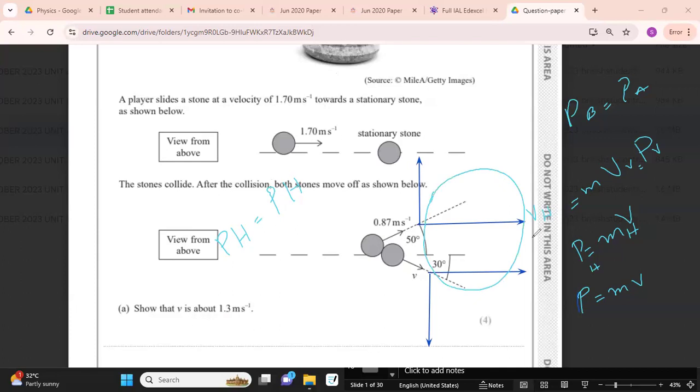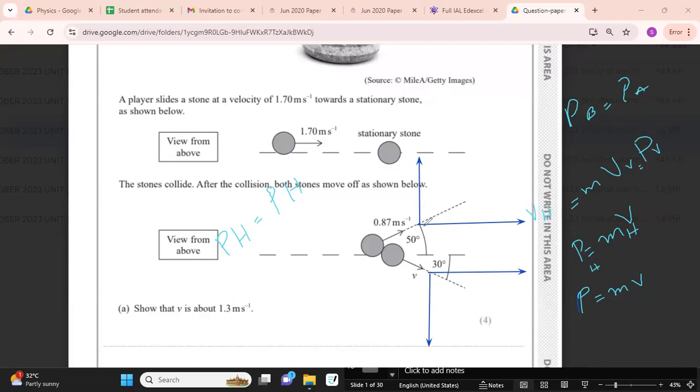If you look at the diagram I've drawn, you can see that the horizontal components are both pointing in the same direction, meaning that we can add up the momentum in the horizontal direction.